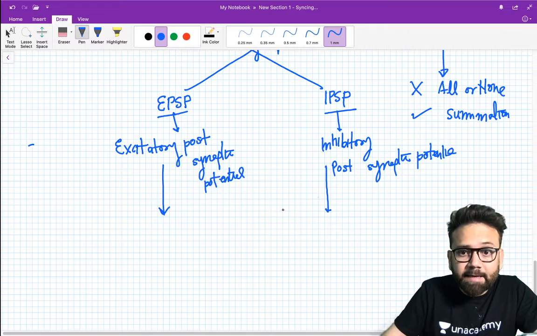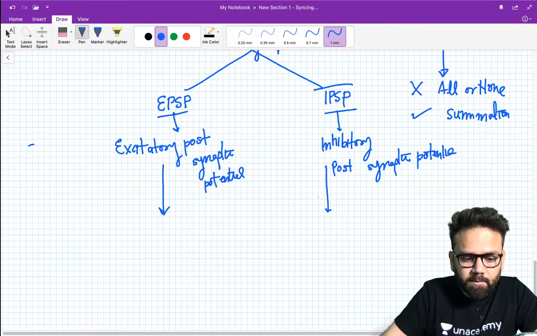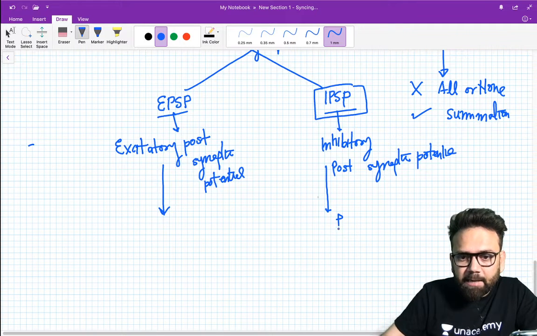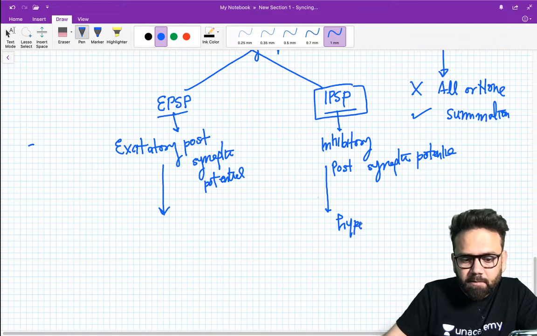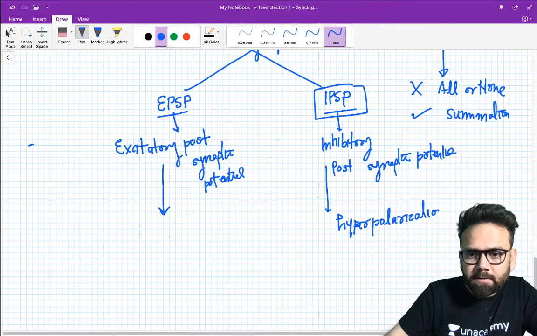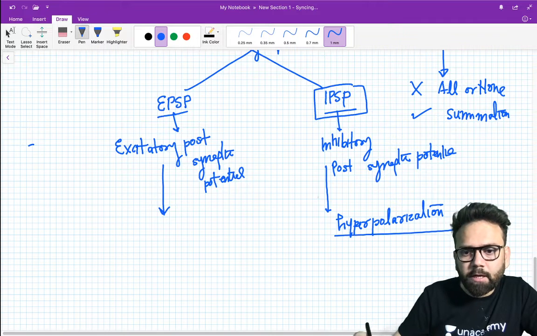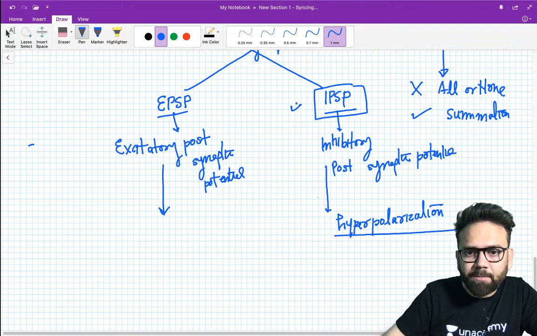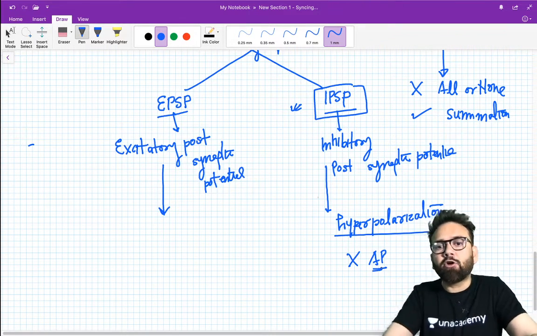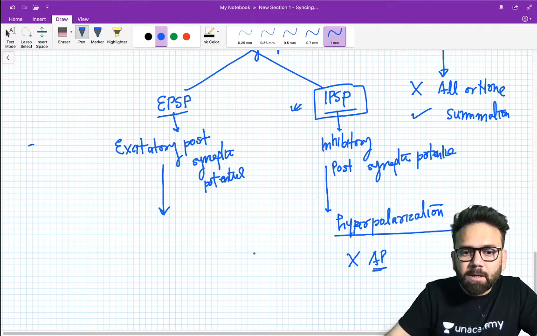So yes, that is IPSP, not EPSP. If something you add causes hyperpolarization, it is called inhibitory postsynaptic potential. It does not cause action potential, because the necessary thing will not happen, since it causes hyperpolarization.